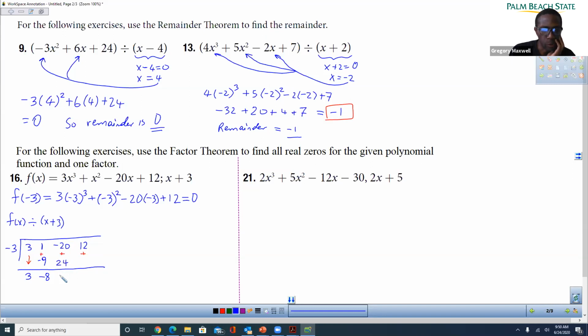And negative 20 plus 24 is 4. Negative 3 times 4 is negative 12. Negative 12 plus 12 is 0, which we expect. So then that means we can write f of x as x plus 3 times 3x squared minus 8x plus 4. Do we have any questions so far?